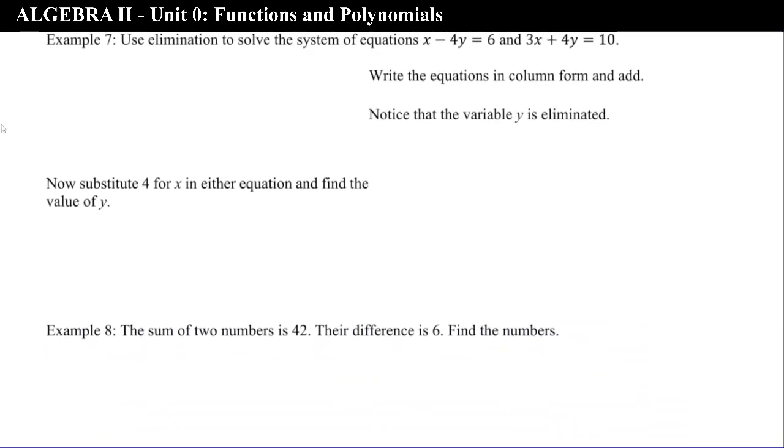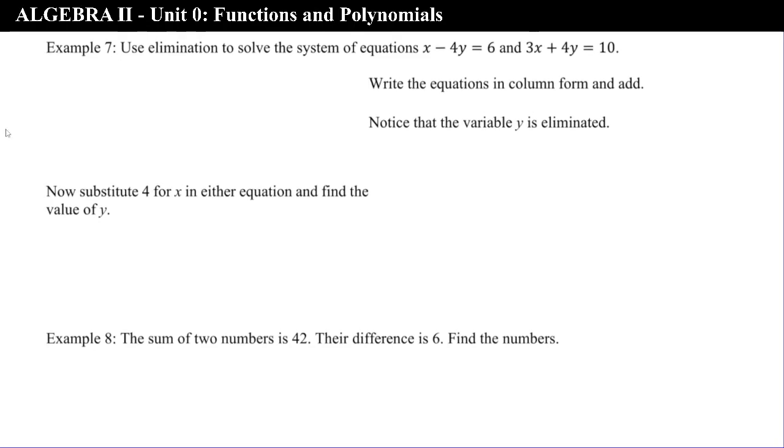In this example, we want to use elimination to solve the system of equations presented here. The first thing we want to do is write the equations in a stacked manner. So we've got x minus 4y equals 6. And then our other equation is 3x plus 4y equals 10.